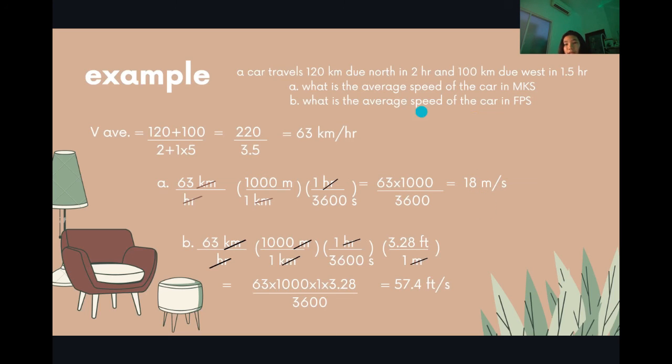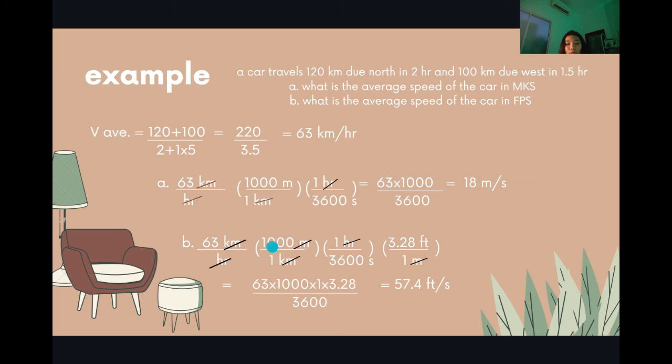The average speed of the car in FPS. FPS, as I said, uses ft over s. ft is foot, s is seconds. So simply apply the same thing. 63 kilometers over hr, or hours.